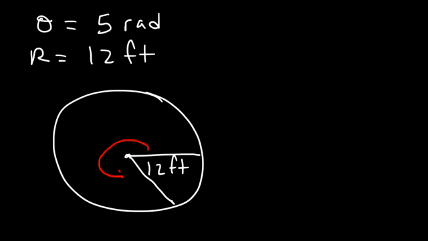So this is about 5 radians. Keep in mind 6.28 radians is a full circle. 3.14 radians is half a circle. So 5 radians is more than half a circle. So we want to find the distance between these 2 points around this portion of the circle. That's what we're looking for.